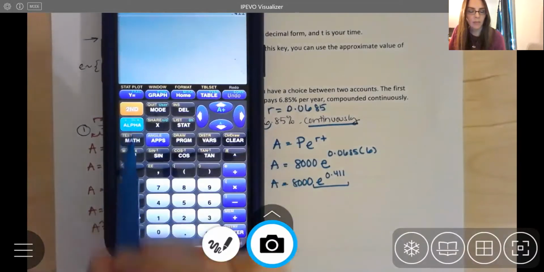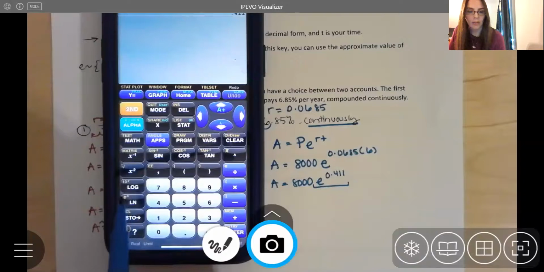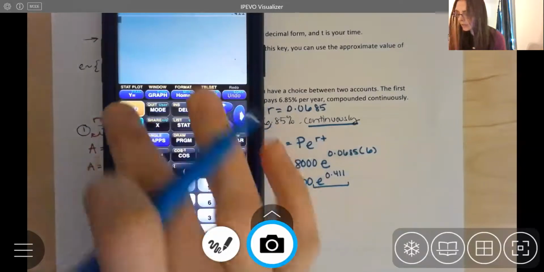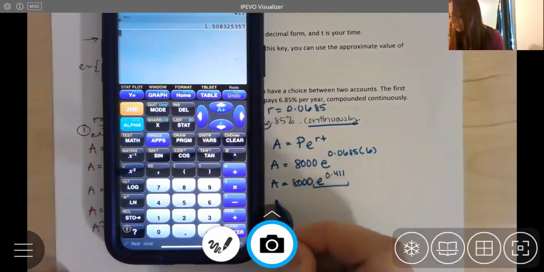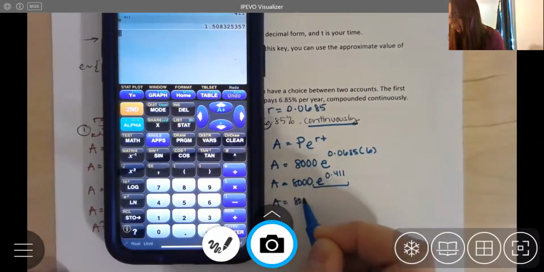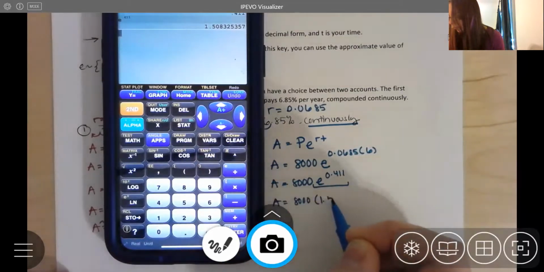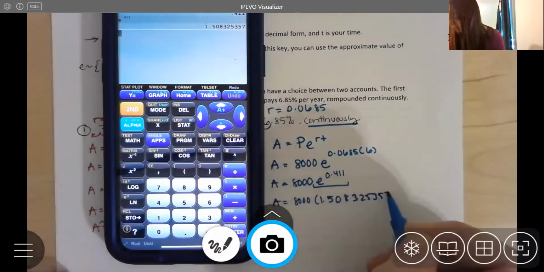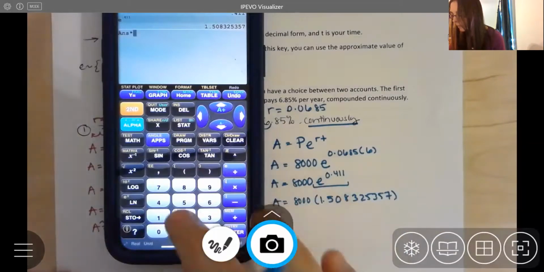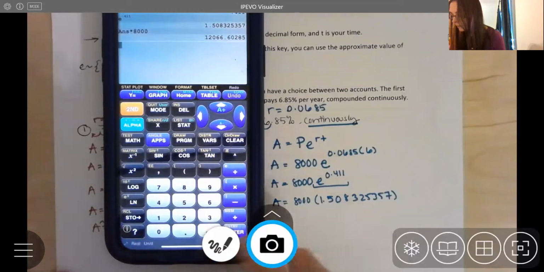So I'm going to hit that second button first and then this key so that I can use the little e part here. So I hit second and that LN button, and then I can type in 0.411. Using all my decimals and multiplying by 8,000.